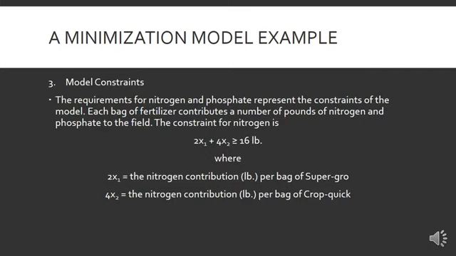Titingnan nyo na, greater than, hindi siya lesser than. Is greater than 16 pounds. Okay? Where 2x sub 1 is equal to the nitrogen contribution per bag of Super Grow, 4x sub 2 is equal to the nitrogen contribution per bag of Crop Quick.